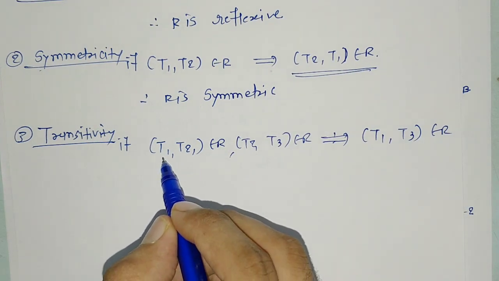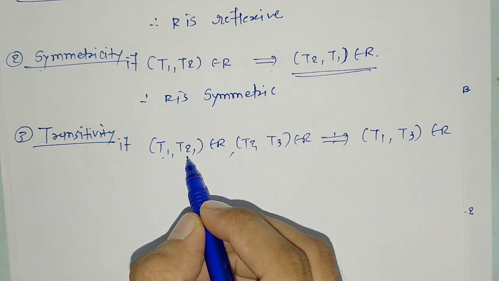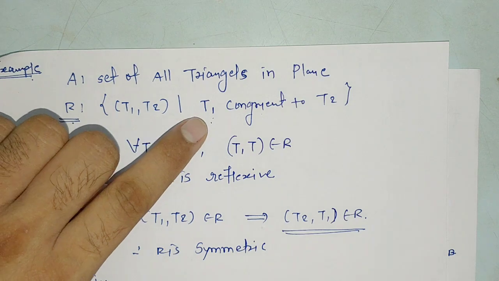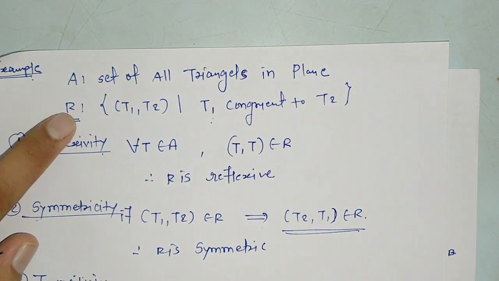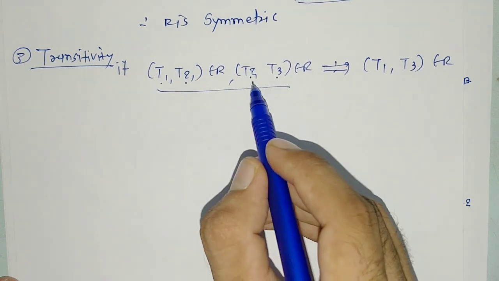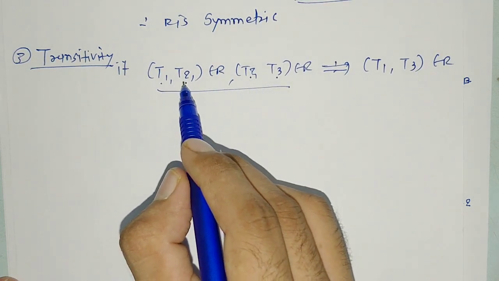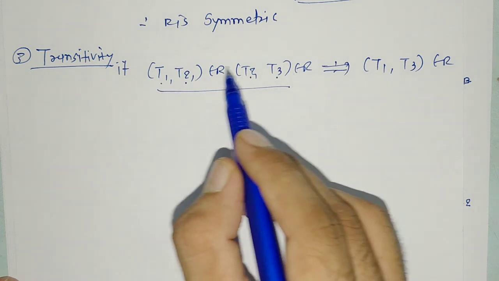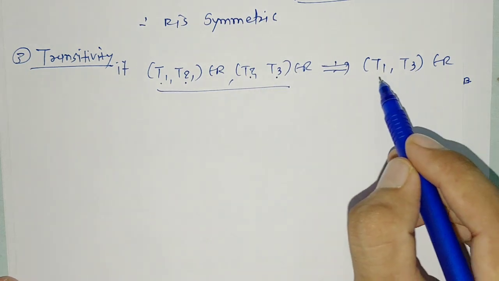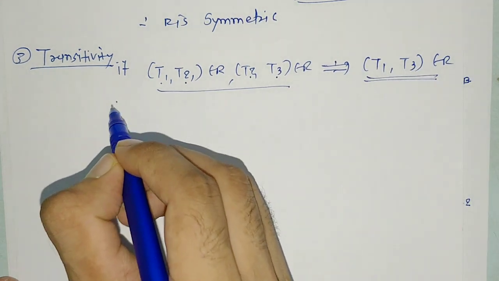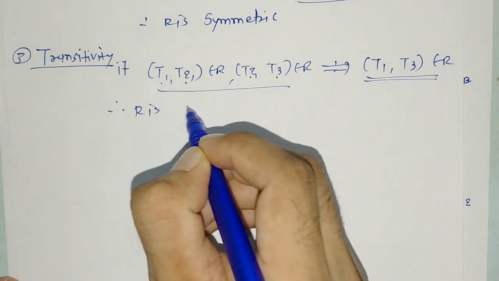Now observe that T1 is congruent to T2 and T2 is congruent to T3, as our relation is T1 congruent to T2. So as we have taken two pairs in the relation, T1 related to T2 and T2 related to T3, one can definitely say that T1 is also related to T3. So this ordered pair is also in R. So R is transitive.